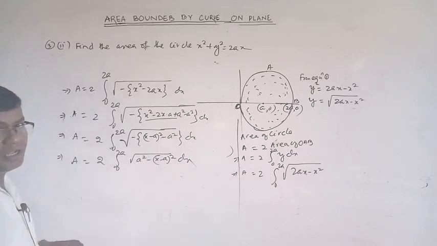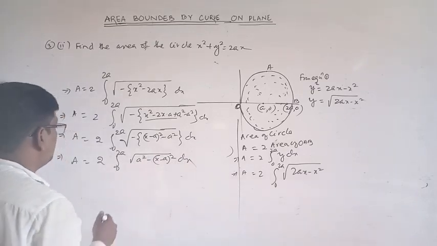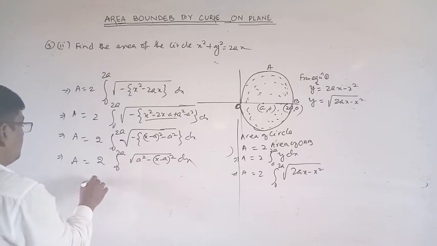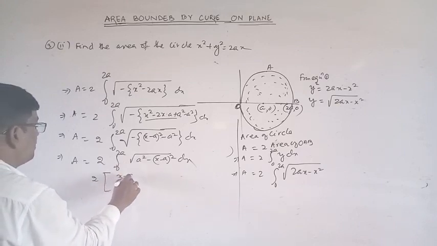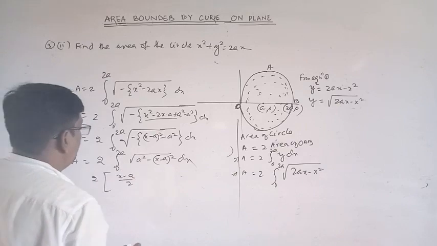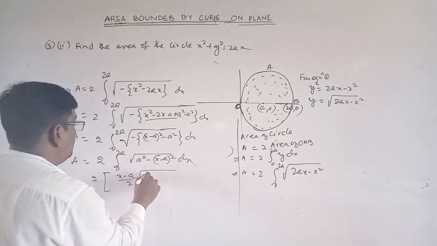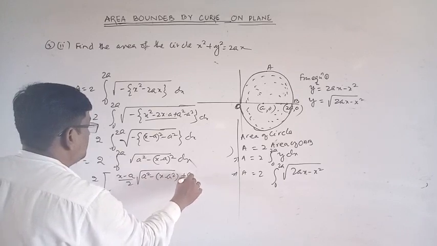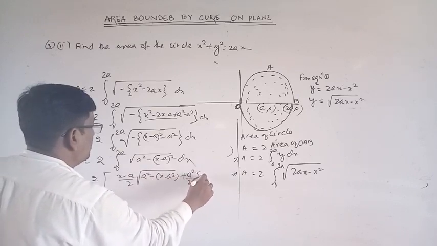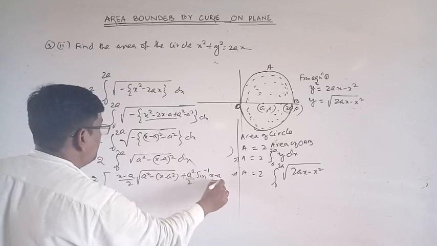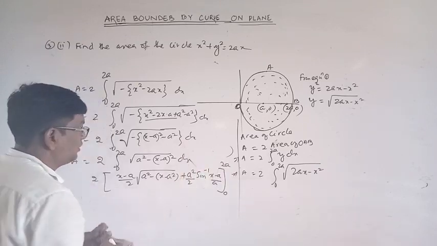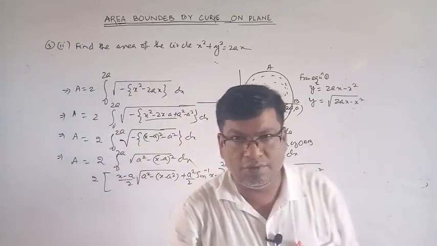This is the formula for root of a square minus x square: x by 2 means (x minus a) by 2 into the root of a square minus (x minus a) whole square, plus a square by 2 into sin inverse of (x minus a) by a. Clear? The limit is 0 to 2a.